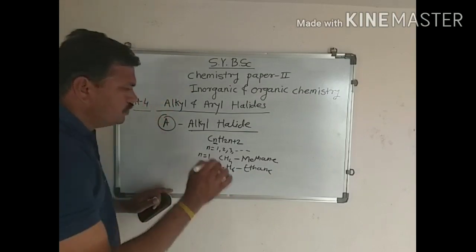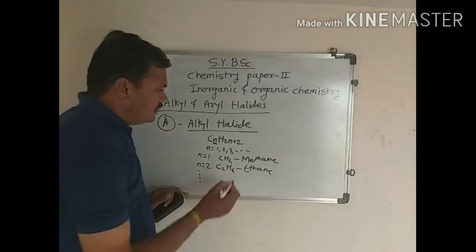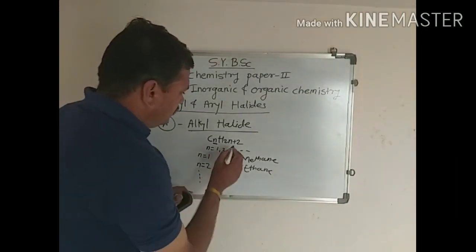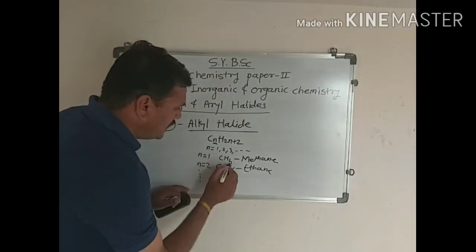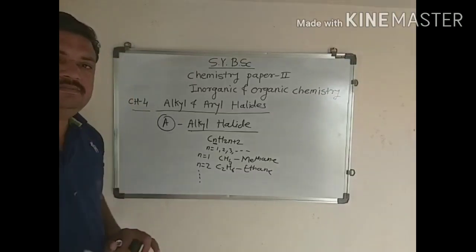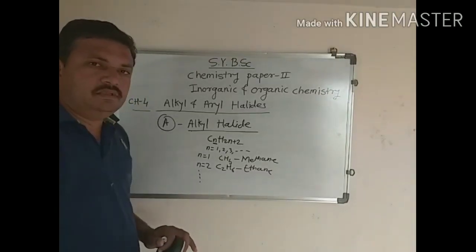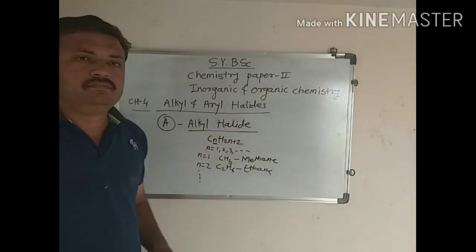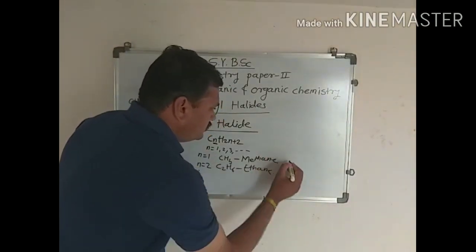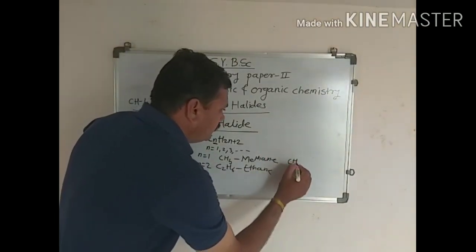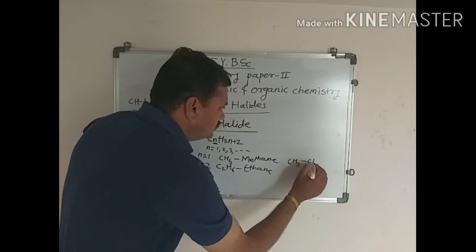and so on. And in this alkane, if one of the hydrogen atoms is replaced by one halogen atom, then we get alkyl halide like this. In methane, one hydrogen atom is replaced by any halogen like Cl.